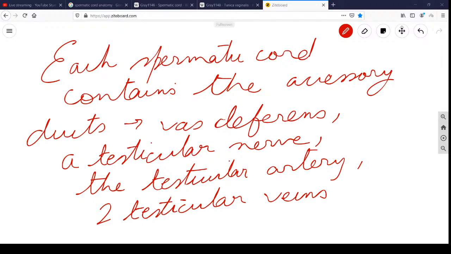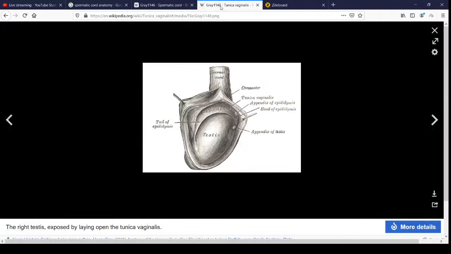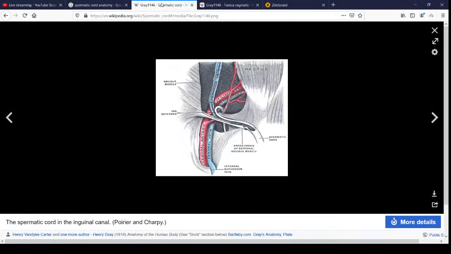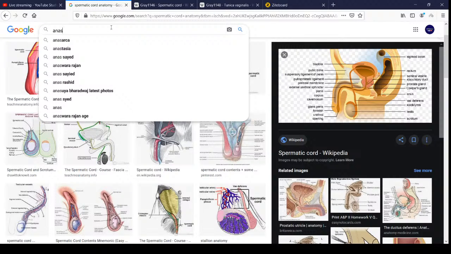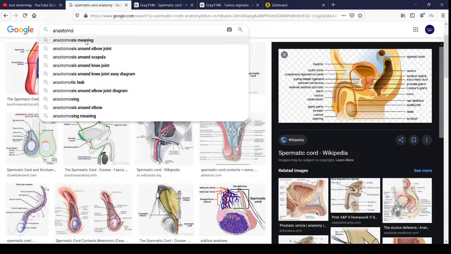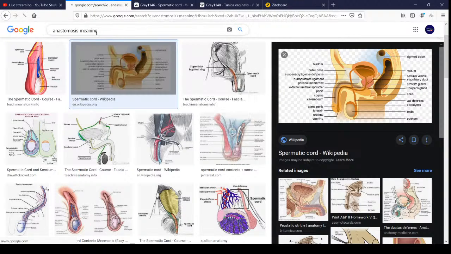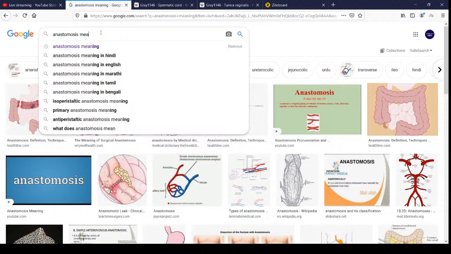Now what is anastomosis? If you have learned in class 11th in the blood chapter, anastomosis is when you have three or four arteries which provide the same organ with blood. I'll just show you. These are some technical anatomical terms. That is why class 11th is very, very essential. You can just see anastomosis here.